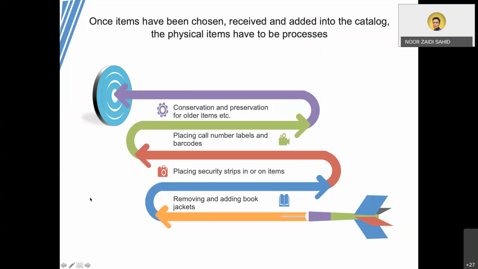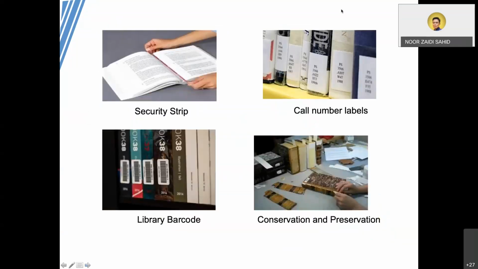Nanti saya akan cuba invite librarian, our PITA library, to explain to you about this process. Kalau ada nanti saya akan share. Betul. Yes. Book jackets mana? Okay, sampul buku ke? Jacket. Dia sampul buku.